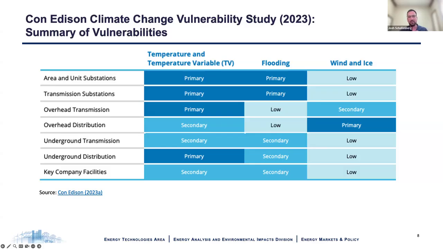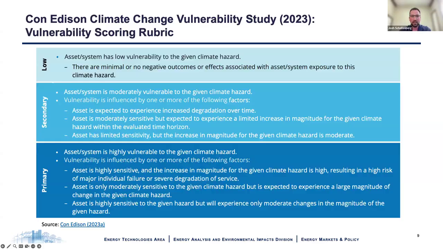And so this is a way of summarizing those vulnerability assessments in an easily digestible manner. Importantly, though, these vulnerability assessments need to have a clearly defined vulnerability scoring rubric or rating, right? And so in this case, it's primary, secondary, low, and you can see in the vulnerability assessment that's linked here how exactly they define a given asset being a primary, secondary, or low vulnerability relative to a given extreme weather hazard.